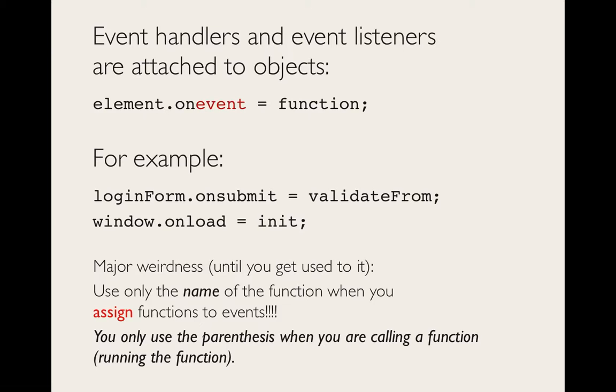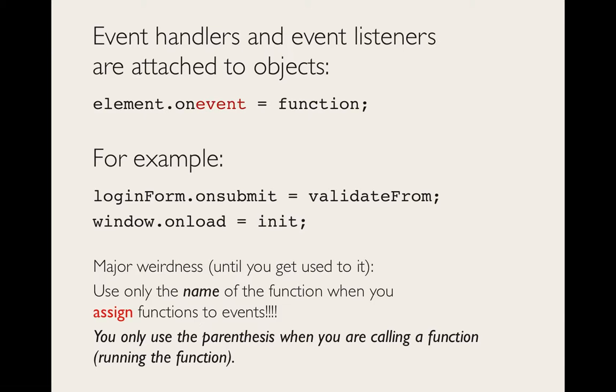And it's an assignment statement, which means that there's a little bit of a weirdness that might trip you up. All of these functions, you're saying, well, where's the parentheses? When you're assigning a function to an event, you don't use parentheses because the parentheses mean it's a verb. It means act on it. It means run the function. But you don't want to run the function. You just want to assign it. So leave off the parentheses when you assign a function to an event. Otherwise, it'll run. And you don't want it to run.